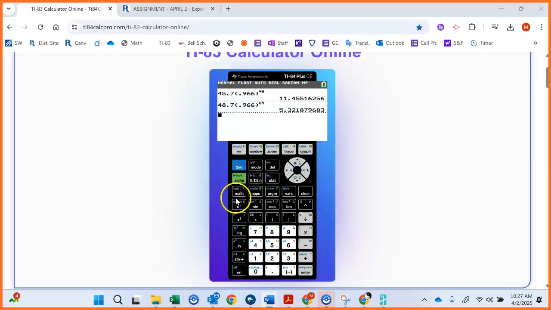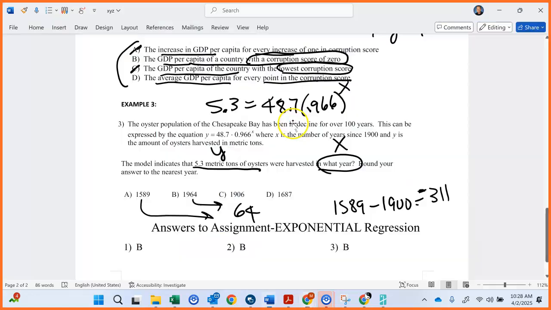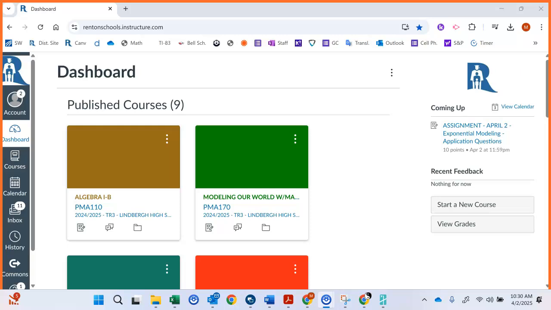So I would have done 48.7 times 0.966 to the power of 6, and I would have got like 39, right? So the point is, when you're trying to figure out which value of x gives you the value of y that they're looking for, 5.3, you just kind of do trial and error.